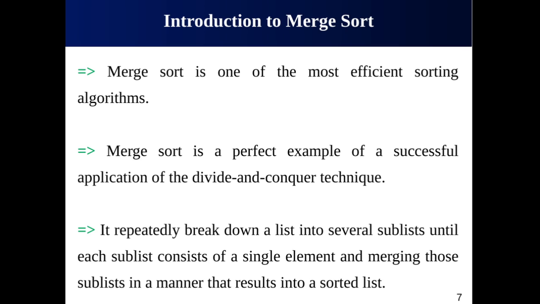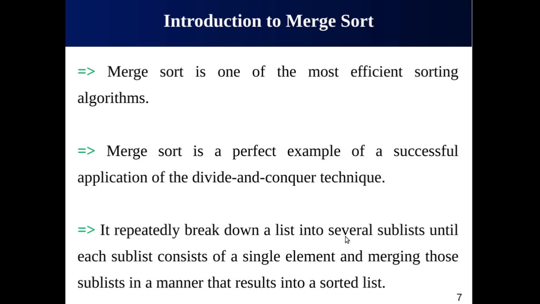The merge sort algorithm will repeatedly break down a list into several sublists, or you can say it will divide the main problem into several subproblems repeatedly. But we need to stop this repetition. Up to how long will it repeatedly break down the problem into subproblems?